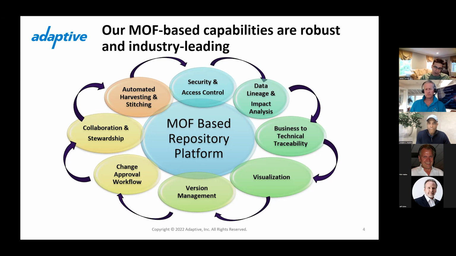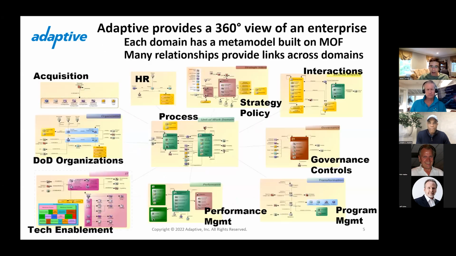And then we'll talk separately about the whole range of Adaptive's capabilities for importing and harvesting content from third-party tools and technologies. And expanding beyond just the technical domain, for things like metadata management and data lineage.